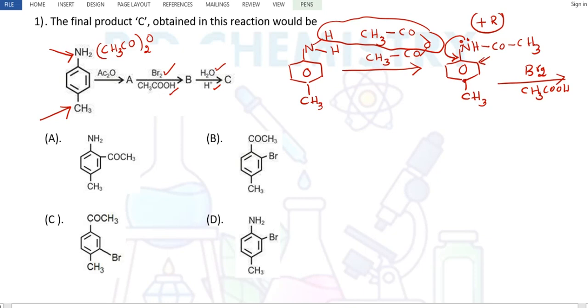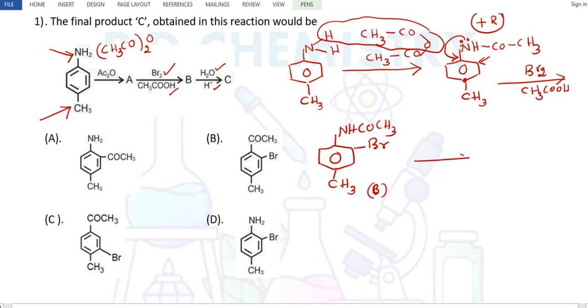But the para position is blocked now, so we can expect the ortho bromo product. So product B would be the benzene ring attached to NH, then COCH3. At the ortho position, attach the bromine atom. Then at the para position we have CH3. This is the product B now, correct?